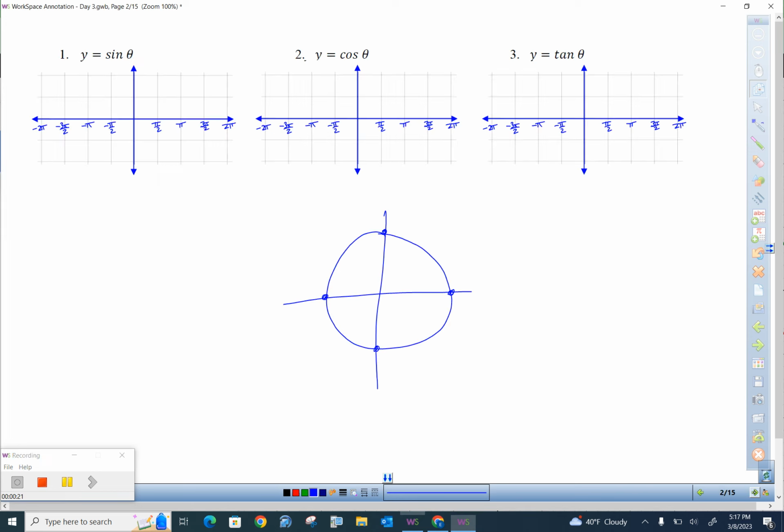Okay, this one it says label the intercepts. So we've got negative 3 pi over 2, 0. We've got 0, 1 for our y-intercept. And then we've got pi over 2, 0. So it wasn't asking where are my new midline values. It's literally asking for the intercepts here.